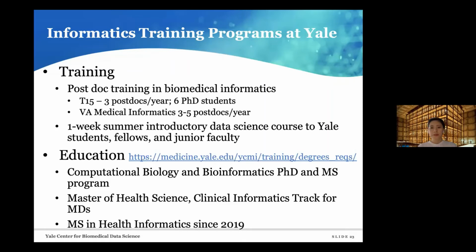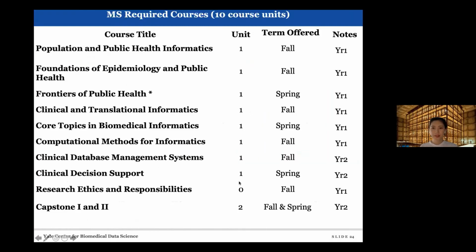There's a new Master of Science degree in health informatics within the School of Public Health since 2019. Due to the pandemic, we slowed down a little bit, but we're still aiming to have 3 to 5 master's students a year. These are some basic master's required courses.